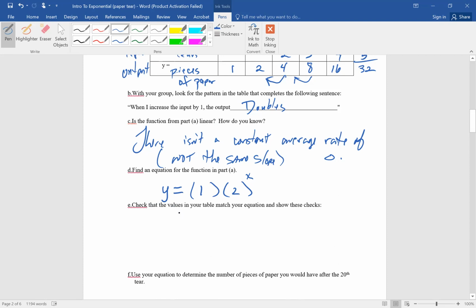Okay, and we have some verbiage I need to introduce. This is the initial value. That'll always be the initial value, and what you'll find out is that a lot of times it will be the y-intercept commonly.